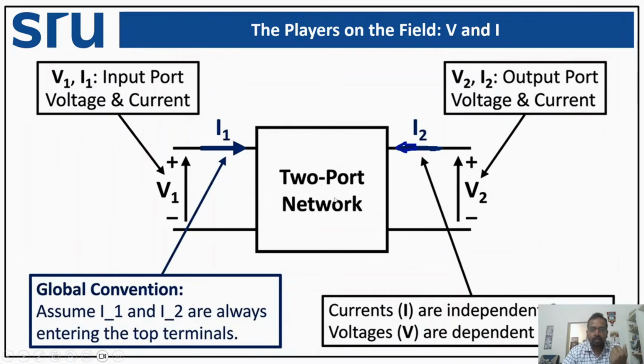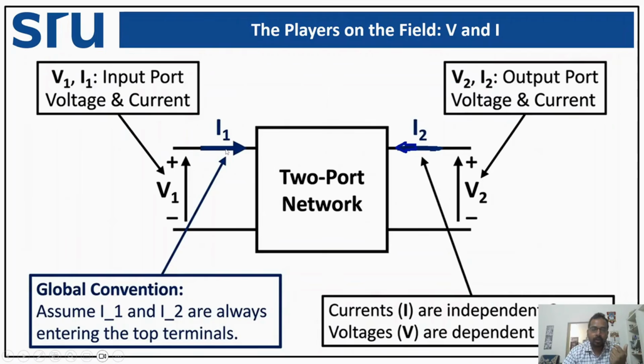So these two ports must be interconnected in some way. If you are trying to send a current I1 here, some of the current of I1 might be leaving through this particular terminal, and the other current might be leaving through this other terminal. So what we need to make sure is that these two terminals act as a port. What is the condition?